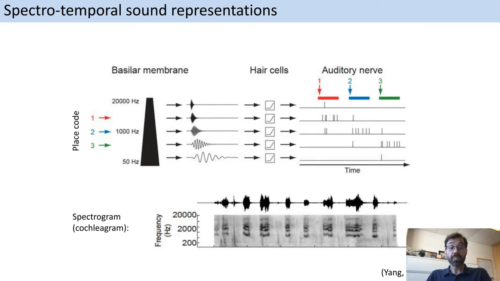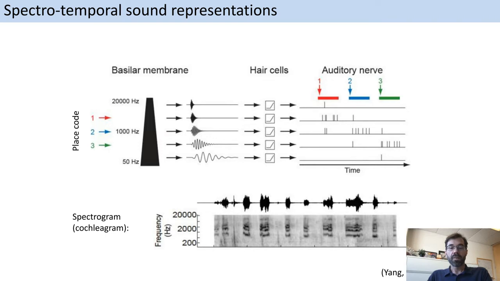So as I mentioned, there's been substantial effort previously to build encoding models in the auditory system as well as other sensory systems. And in the auditory system, the majority of models are based on the idea of spectro-temporal representations. It's well established that in the cochlea, different populations of receptors respond to sounds at different frequencies.